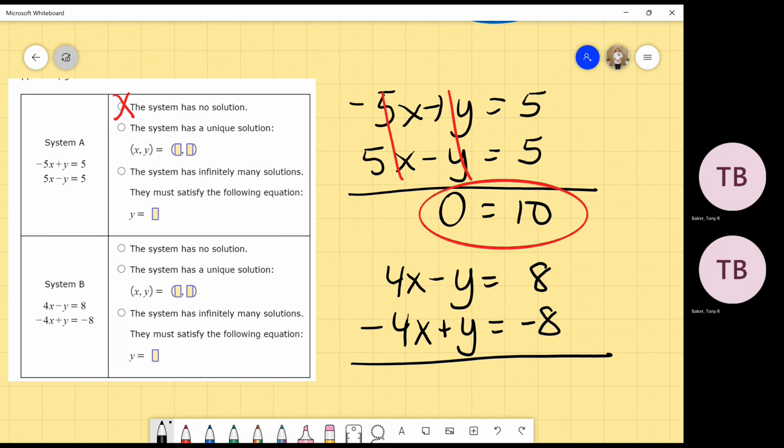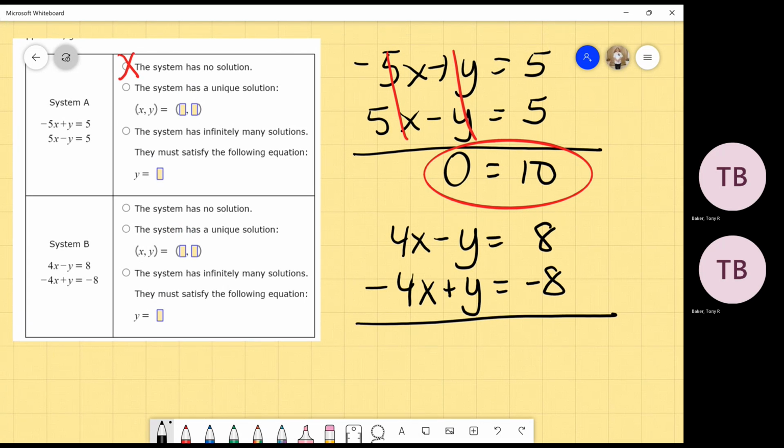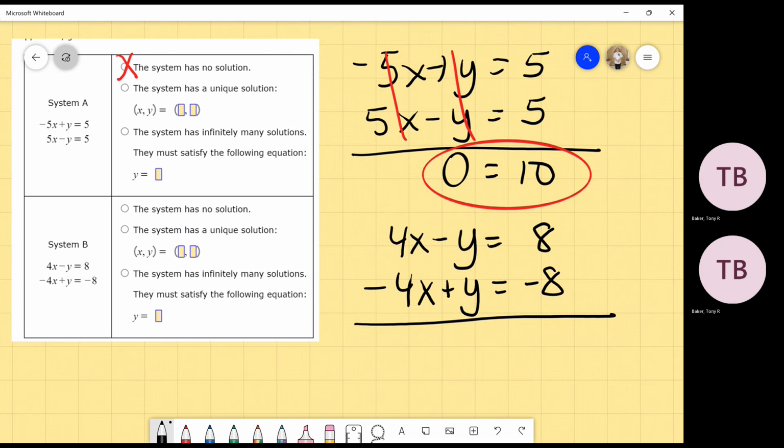All right. Same thing with this one. I have a letter with the same number, a different sign, so I don't have to change anything. What's 4x minus 4x? Gone, right? Negative y plus y. Gone. So that's 0. What's 8 minus 8?